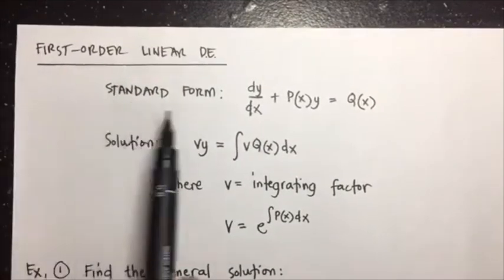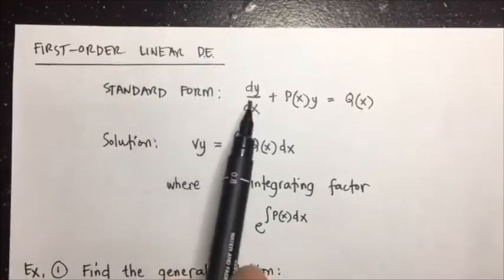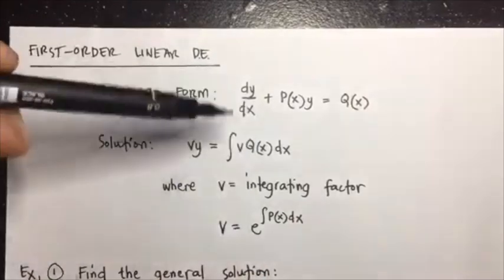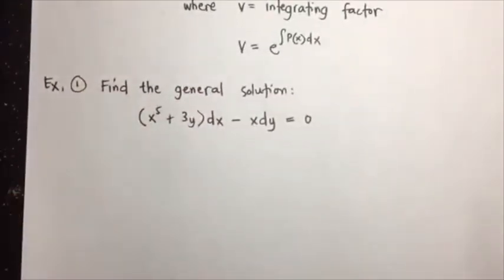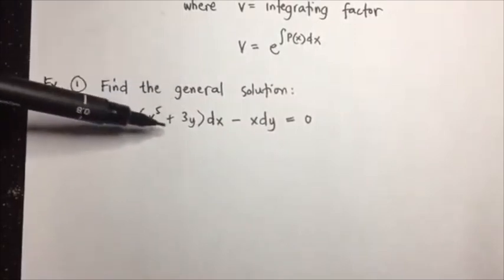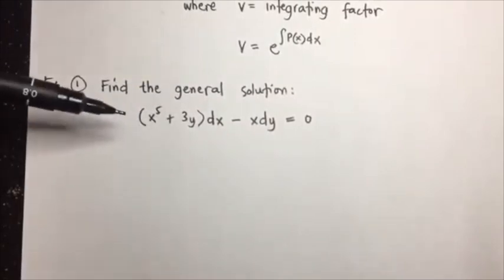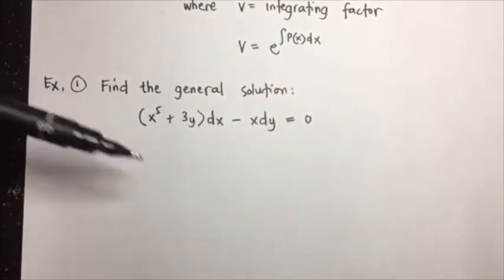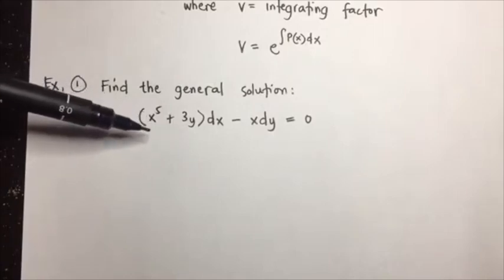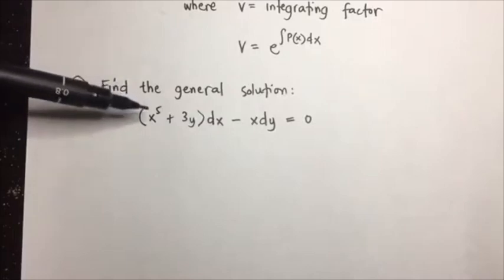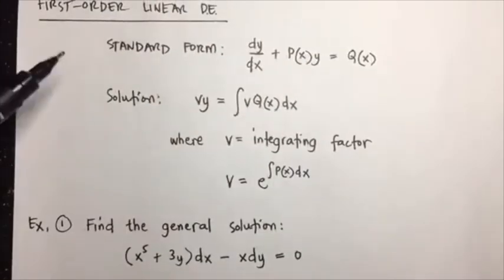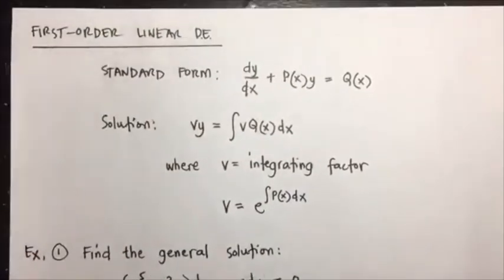By transforming it into its standard form, dy over dx plus p of x y is equal to q of x. Now for our given example, this is not variable separable, this is not homogeneous, and also this is not exact. So the next is we try if it is a first order linear differential equation.